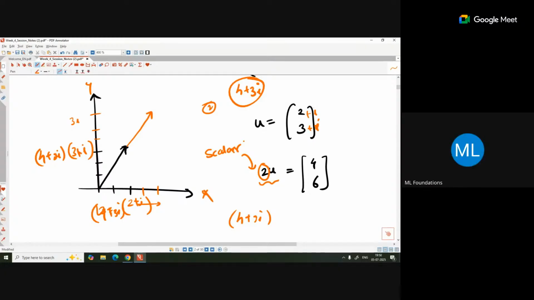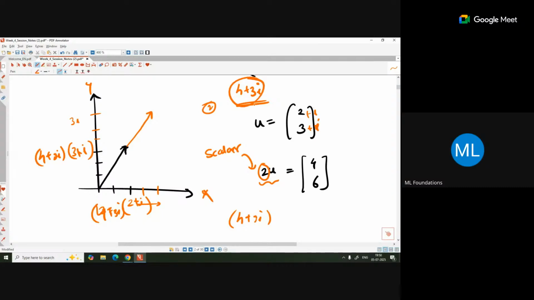Sir, just one more thing. If I have to find the length, or the norm, of 2 plus iota, only one point, how will I find it? In that case, let's say 4 plus 3i was your one point, and now you wanted to find its length.